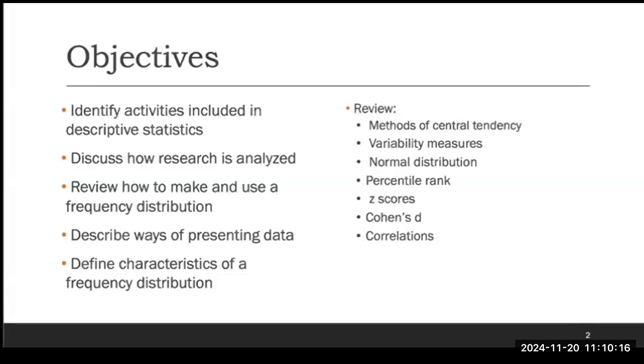There are specific characteristics of a frequency distribution, the normal distribution, that are very helpful. So we're going to review measures of central tendency, variability, what exactly is included in a normal distribution, percentile rank, z-scores, Cohen's d, and correlations. So I will give you kind of step-by-step instructions on different calculations that you should be able to do.